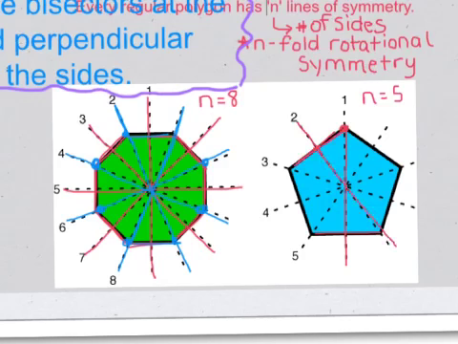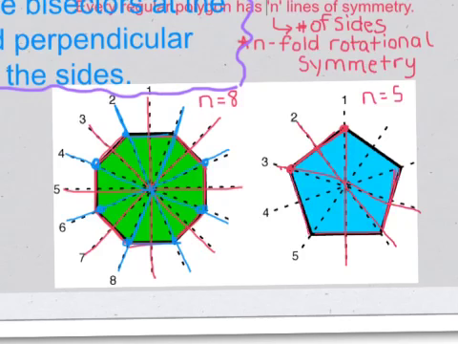Because in a figure that has an odd number of sides, an angle is always across from a side. In an even number of sides, an angle is always across from an angle, and a side is always across from a side.